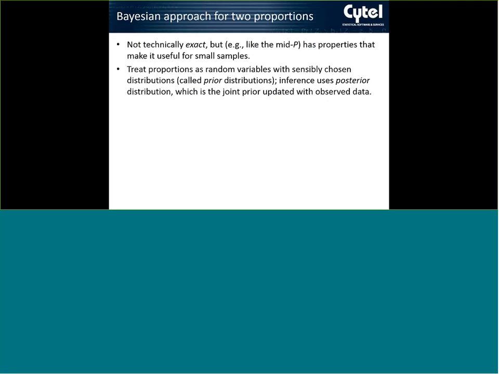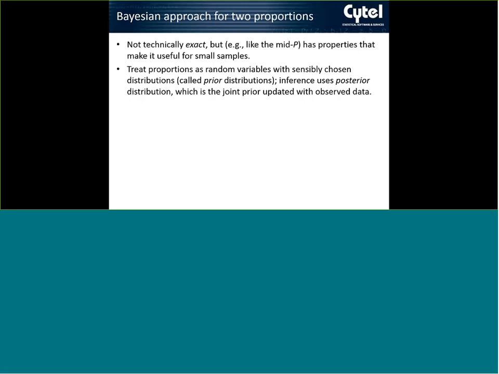Now, again, in 1 hour or less, I can't go much into depth when it comes to Bayesian methods in general, or the specific Bayesian methodology that's underlying these two proportion comparisons. But the upshot is that with the Bayesian approach, we're treating the two proportions as random variables that come from their own distributions.